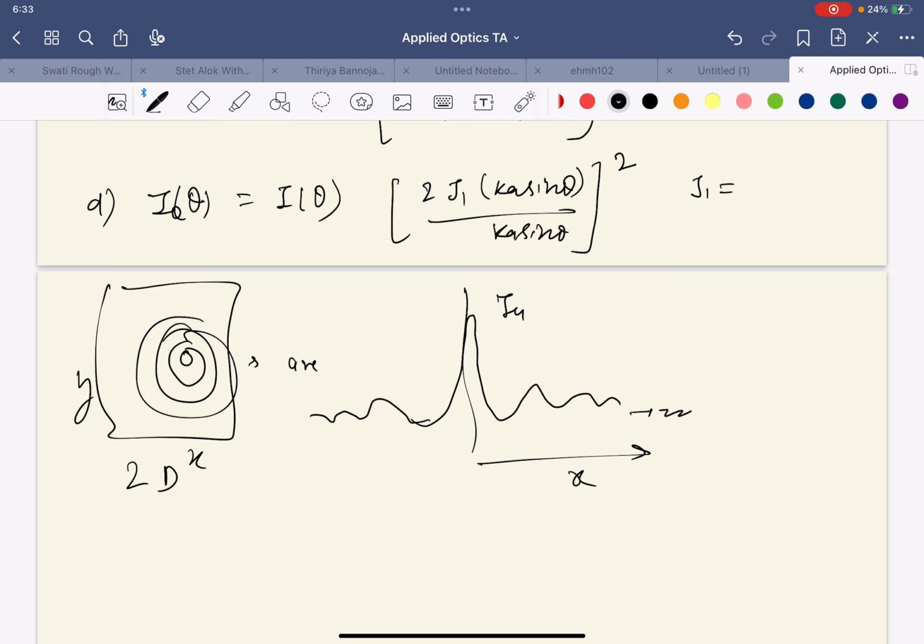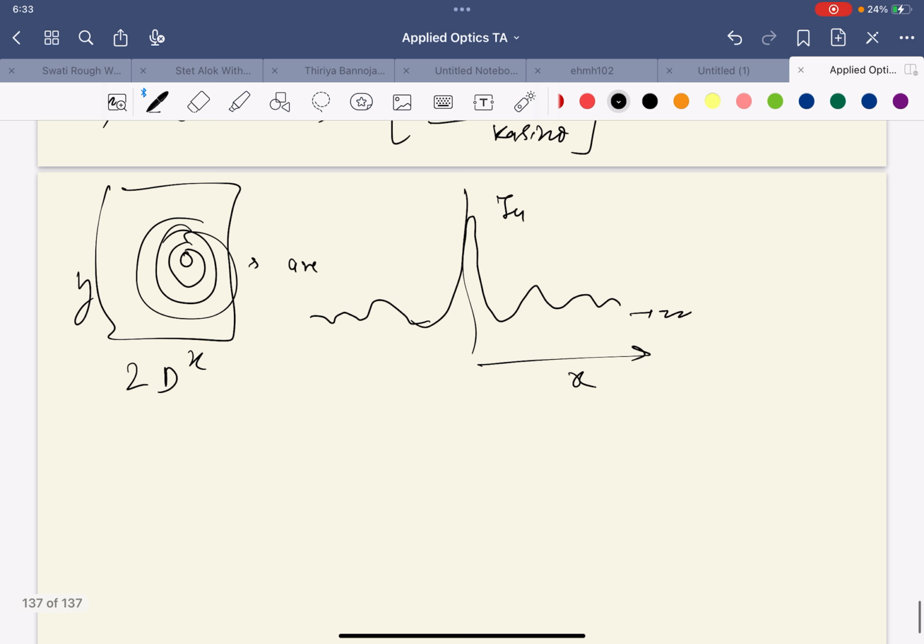The pattern results from the diffraction of light through this circular aperture, and the intensity distribution forms concentric bright and dark rings around the center bright spot known as the Airy disk, right?